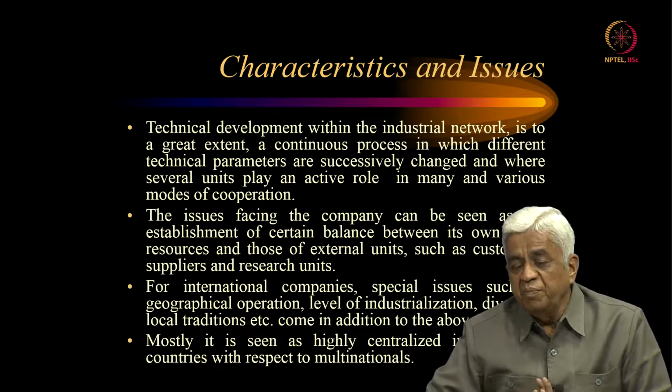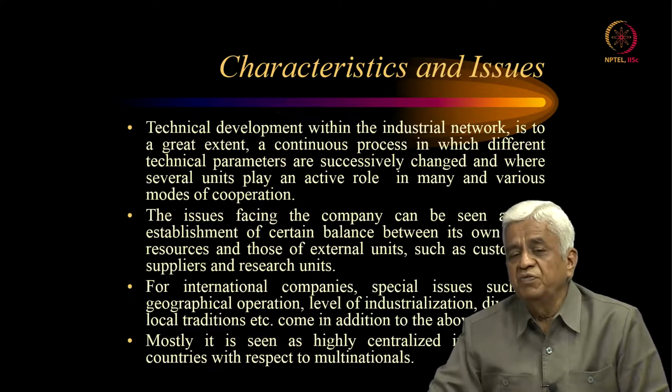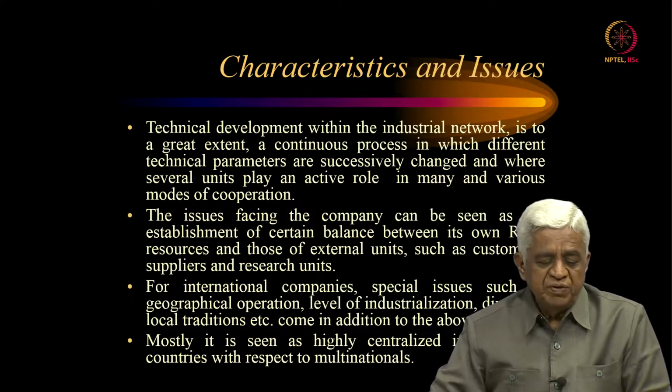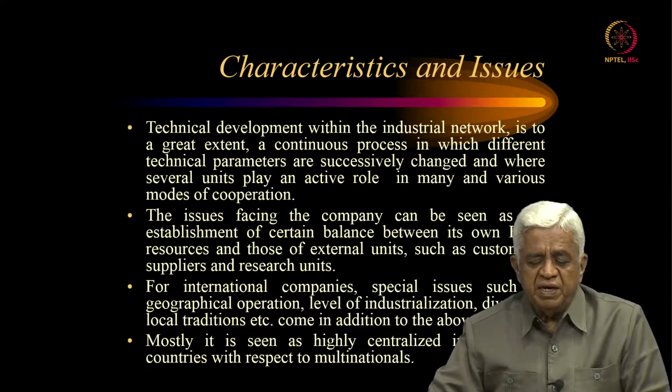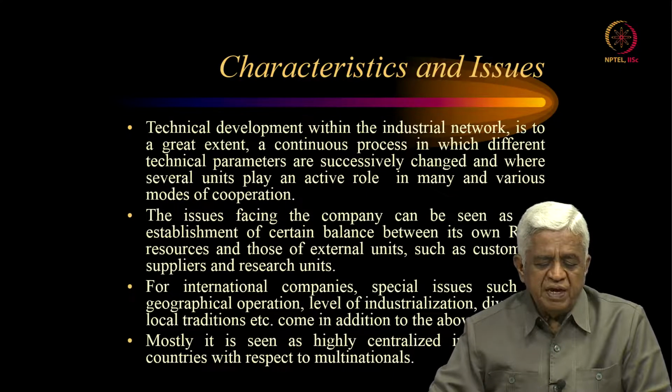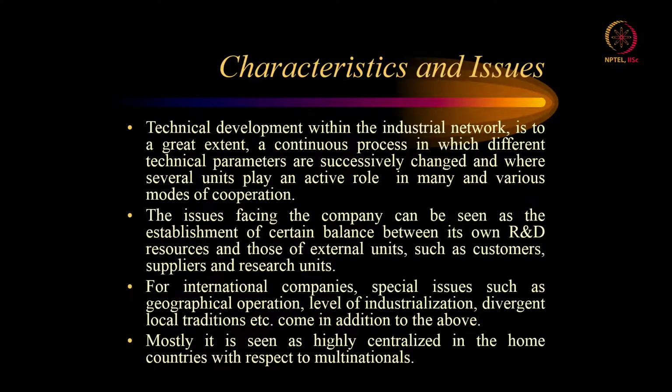So, R&D may require cooperation of different units, not just one unit. The issues facing the company can be seen as the establishment of certain balance between its own R&D resources and those of external units such as customers, suppliers and research units.